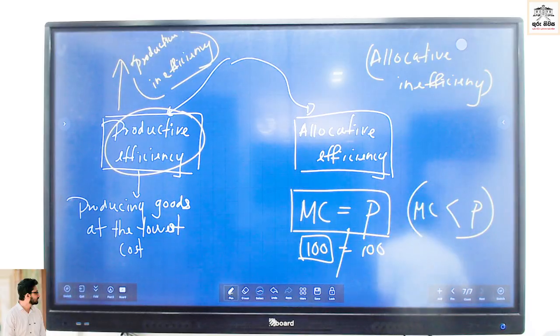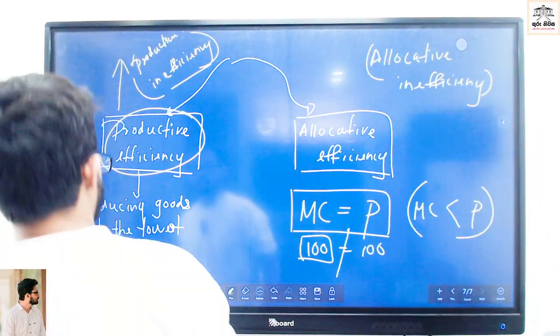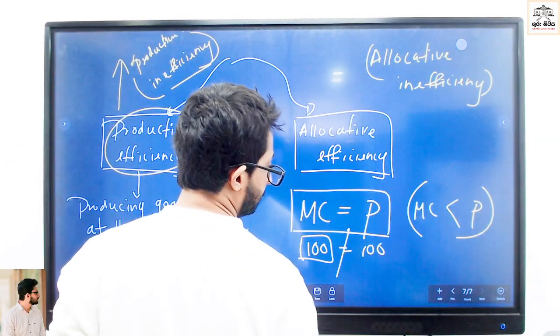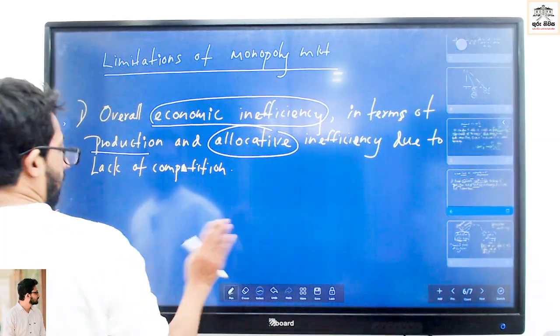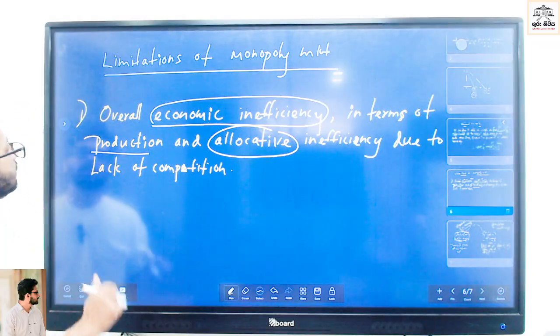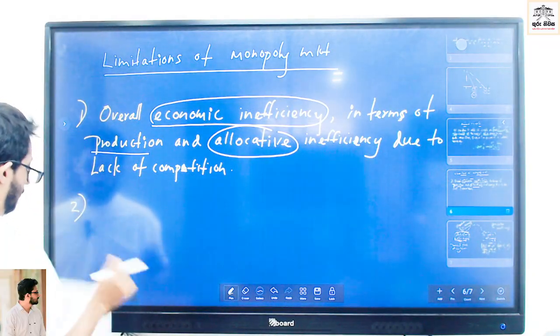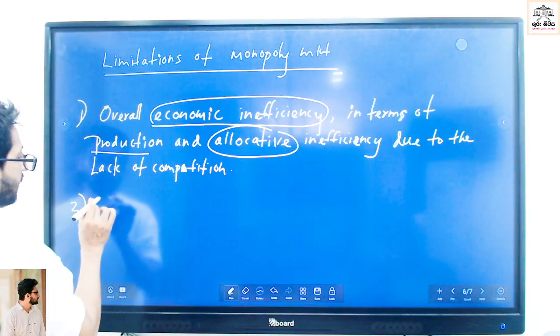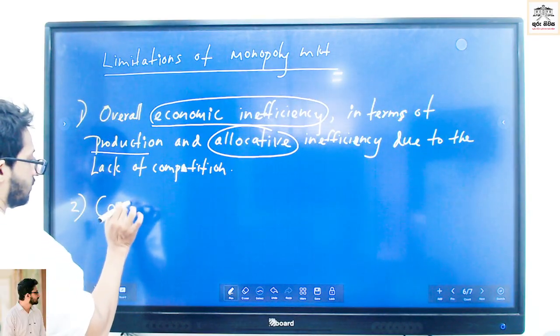Second main limitation of monopoly market, write down. First one, I've explained that. Second one, write down consumer exploitation.